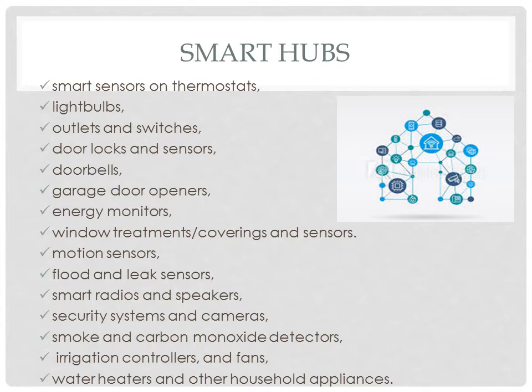They can also control motion sensors, flood and leak sensors, smart radios and speakers, security systems and cameras, smoke and carbon monoxide detectors, irrigation controllers and fans, water heaters and other household appliances.